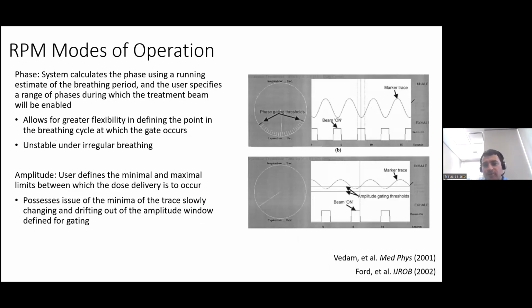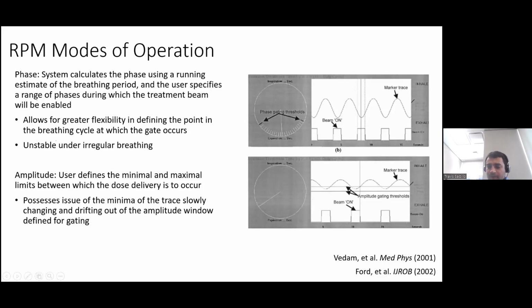Again, there are different modes of operation. I won't get into this too much, but there is phase-based gating, where you only gate when you're in a particular phase of the respiratory cycle. I believe that's what's used more in free breathing gating techniques, which we don't do here, but other places do. Then there's amplitude-based gating, which is what we do.